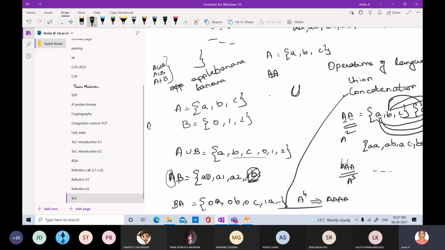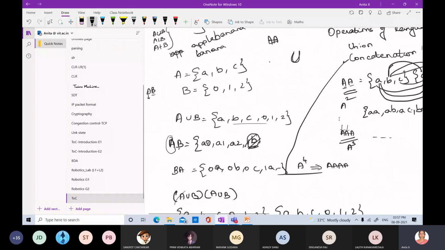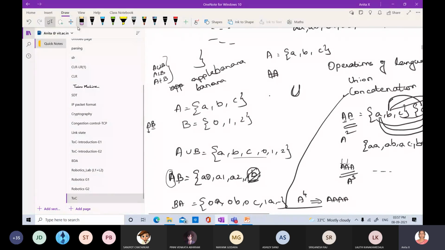If I proceed with concatenation, first I should have the strings from this language, and then the strings from this language. I think we have already discussed that; it comes under the previous case. What we have seen is A square B, right?